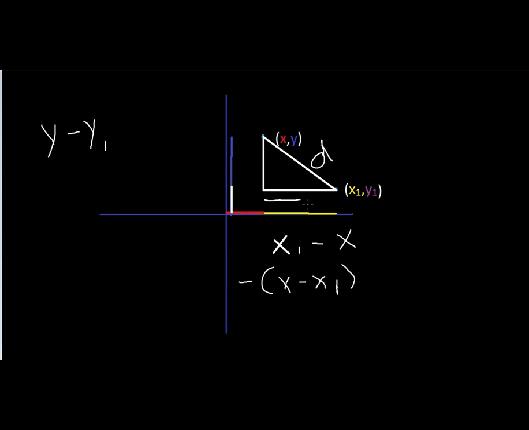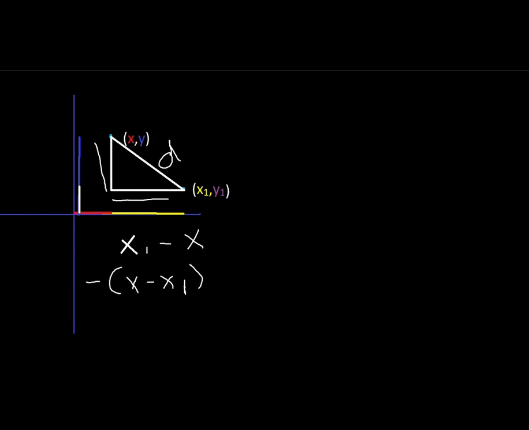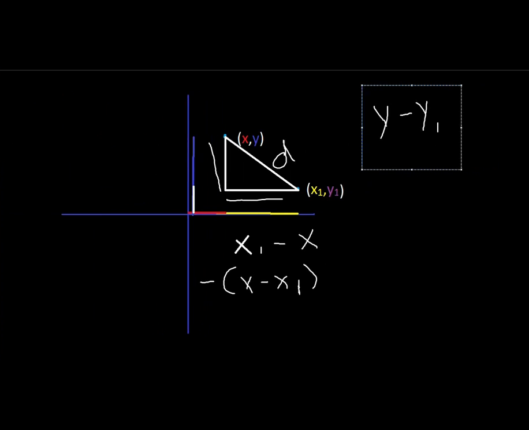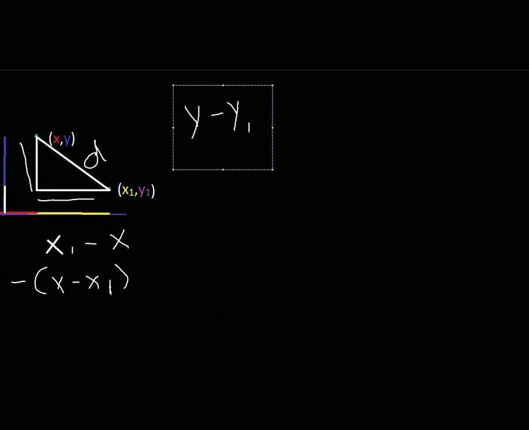Okay, so now we know these two distances, so we can calculate D. And I'm going to move this over here, just so we can use it as a reference. So now let's use the Pythagorean theorem.